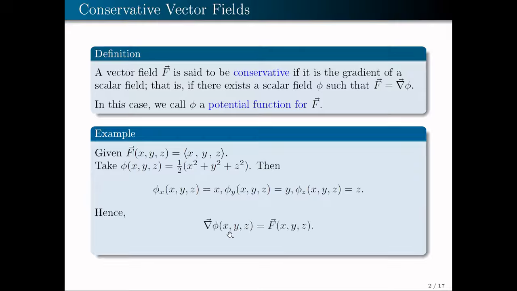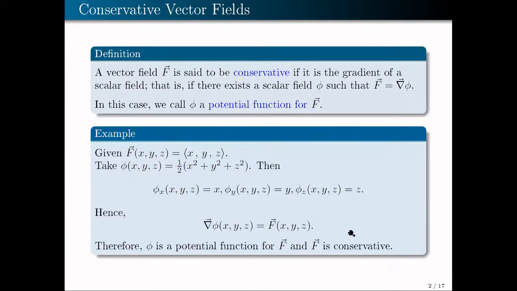And so we say that phi is a potential function for F and that the given vector field F is conservative. So we have seen that the gradient of our scalar field phi is equal to the components of the vector field F. Later I will show how to compute or obtain this scalar field if F is conservative.